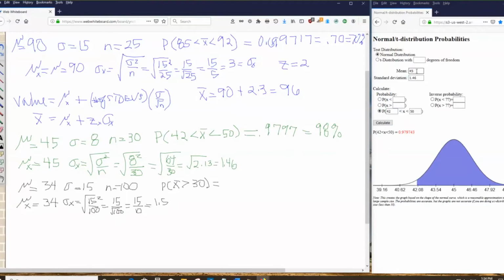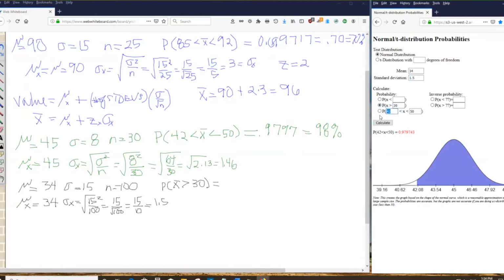So then I'm going to go back to my online calculator, plug in the mean of 34, standard deviation 1.5, and this time we're solving for x is greater than 30.